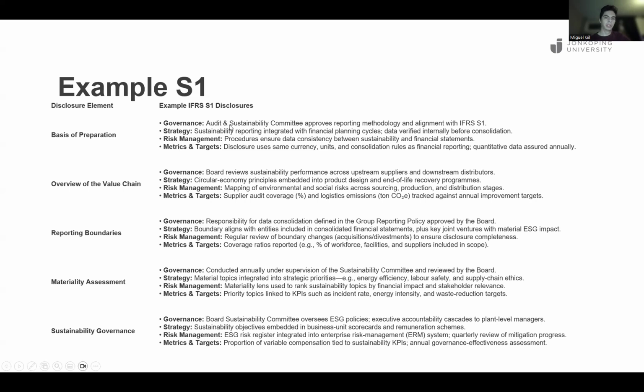So governance, we explain what structure we have; the strategy, how we connect that with the normal strategy and operations of the company; risk management, how we ensure that we know the risks and we mitigate them; and finally metrics and targets, how we are sure that we're moving in the right direction. So this is a good example for S1. We talk about the five things that matter, and then we explain each of them through the four pillars or four dimensions that are required.